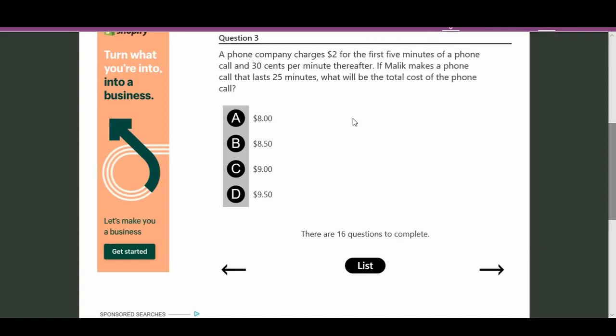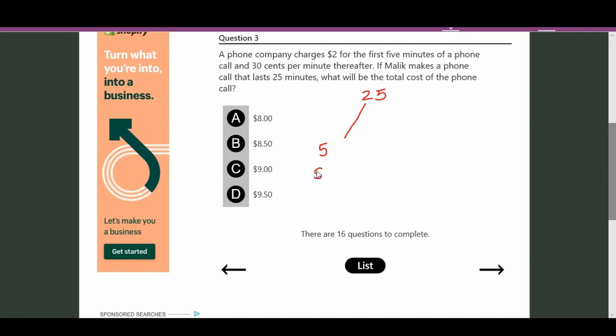Question 3 says a phone company charges $2 for the first 5 minutes of a phone call and 30 cents per minute thereafter. If Malik makes a phone call that lasts 25 minutes, what will the total cost of the phone call be? So again, we have a 25-minute phone call, and we know the first 5 minutes, no matter what, is going to be charged.